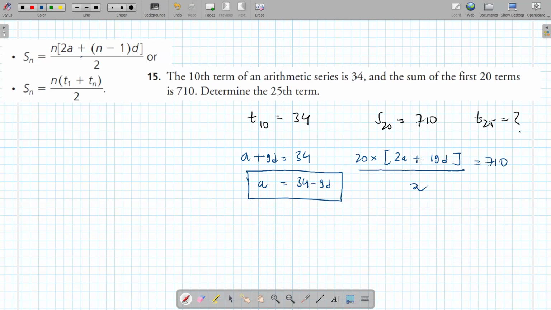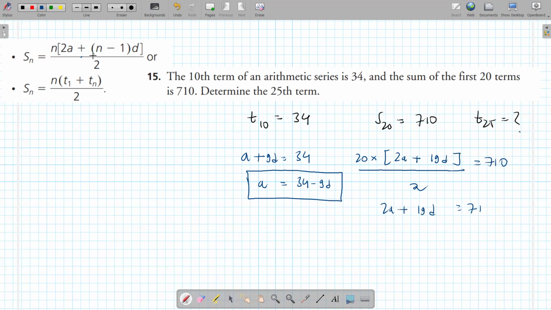What I'm going to do is clean this up a little bit. So I'm going to multiply both sides by 2 and divide by 20. 710 times 2 divided by 20. That gives us 71.